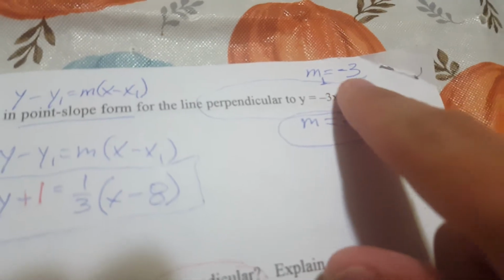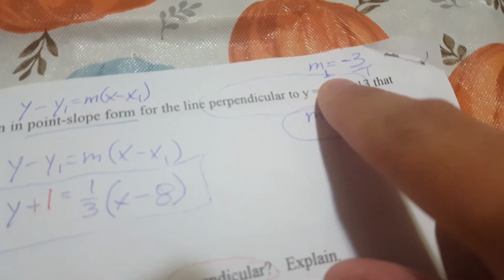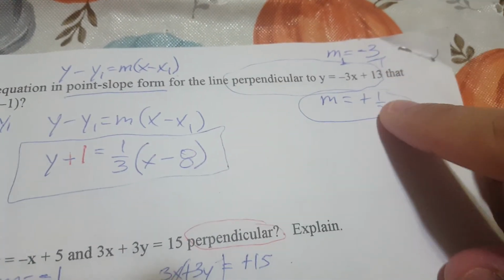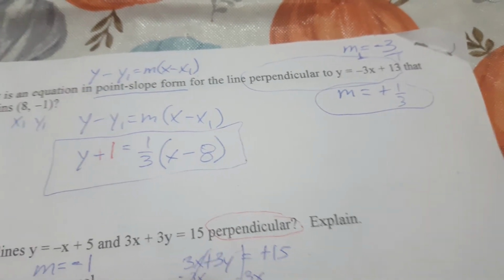The slope here is negative 3, and as a fraction that's like saying negative 3 over 1. I called this my perpendicular slope, so that's why I have that little upside down t right there. So the slope that I'm going to use is, first of all, this is negative, so mine's going to be positive. This is 3 over 1, so mine's going to be 1 over 3.